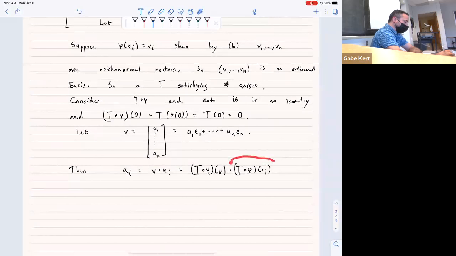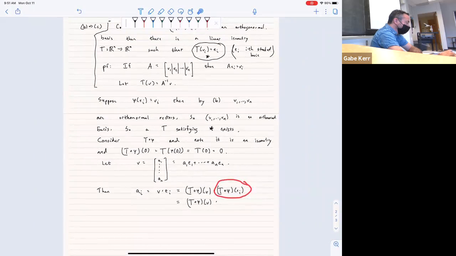What is this? What is this vector? Phi of EI, what is that?